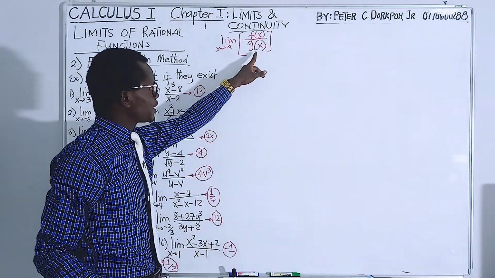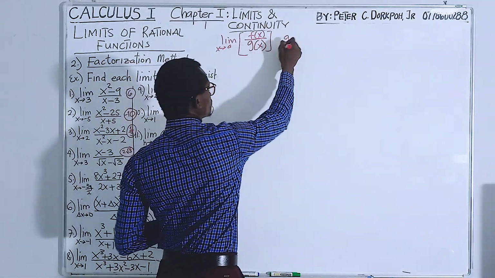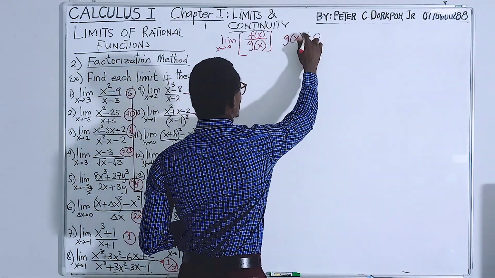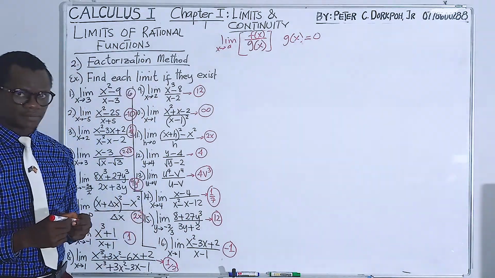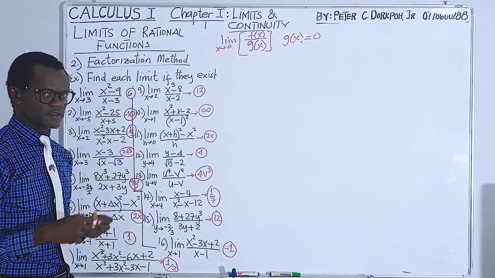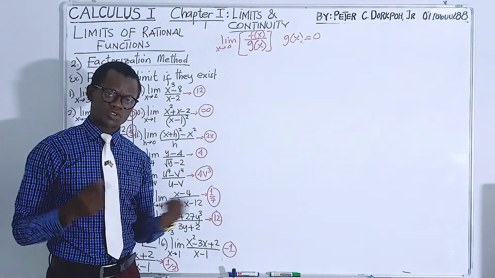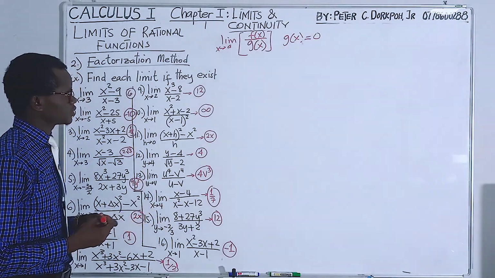Whenever we apply the limit directly and g of x is equal to 0, then we no longer use direct substitution from the beginning. So we try the next method, which is the factorization method. Sometimes we use other methods, but we'll discuss those ones.